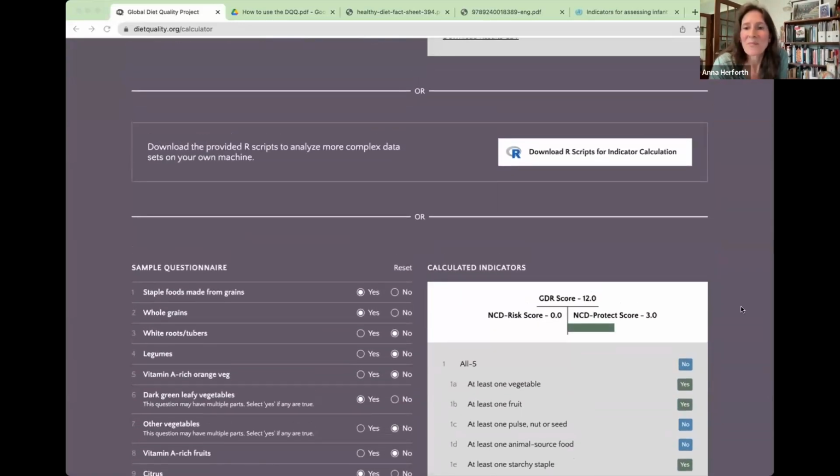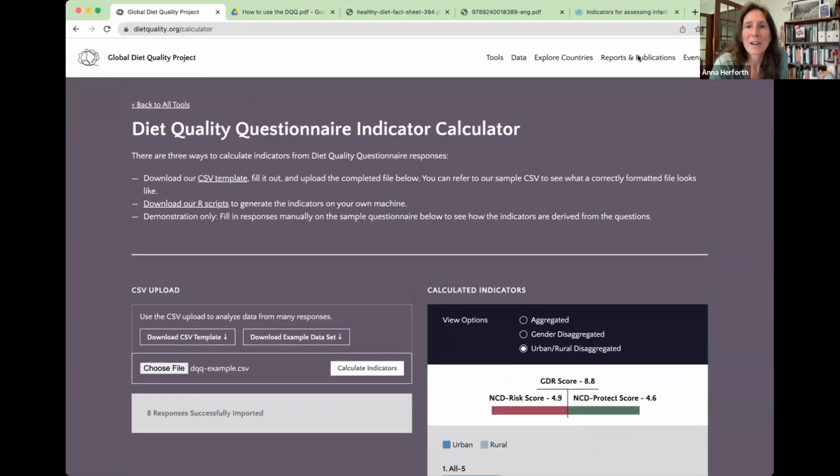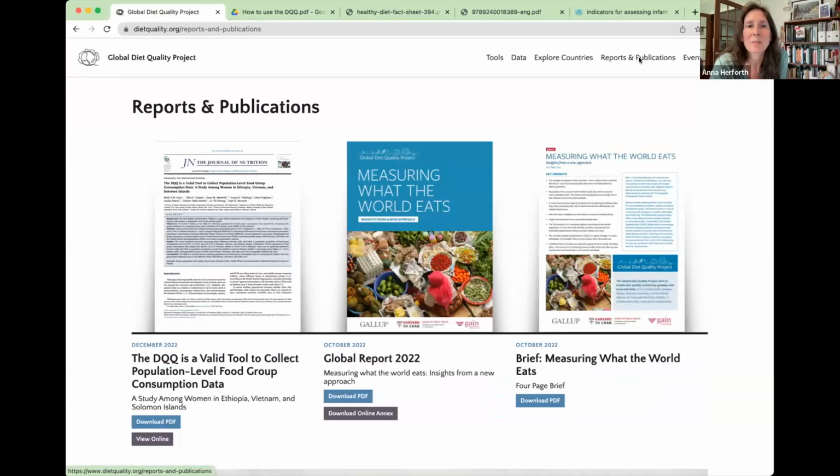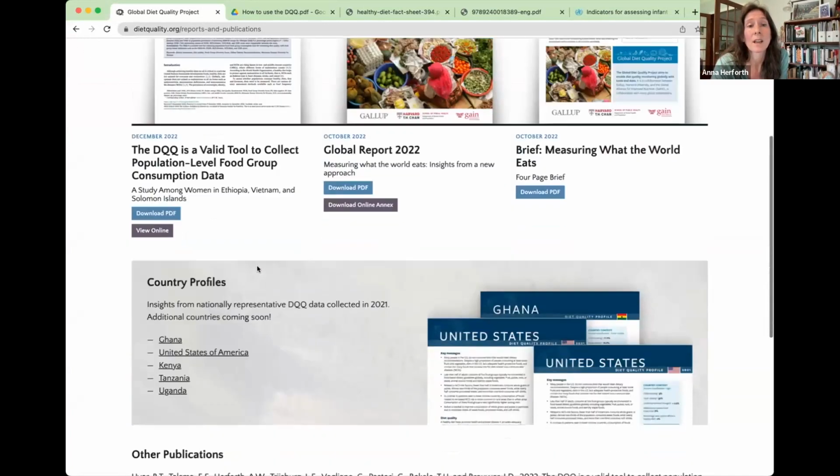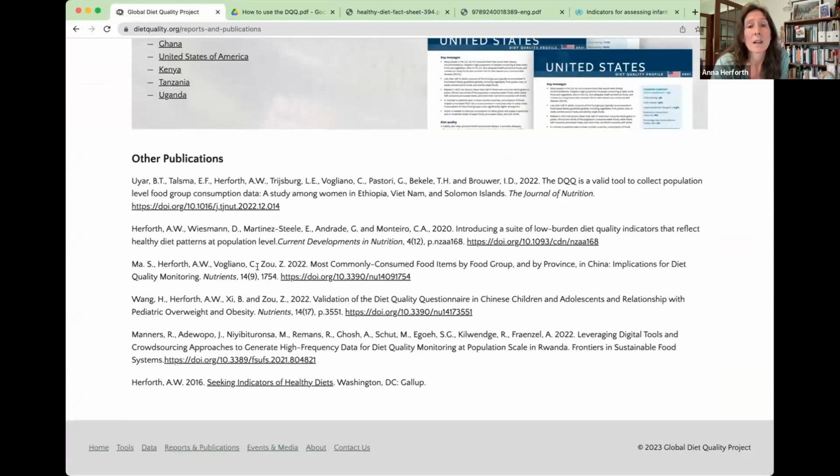So one of the other points on the website to be aware of is that there is a section on reports and publications that has the report we released last year, Measuring What the World Eats, alongside a brief of that report. It has a lot of information on the details and how the data were collected, also journal publications that have been published so far.